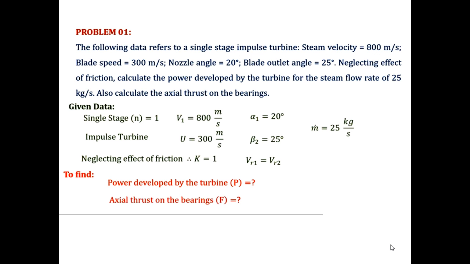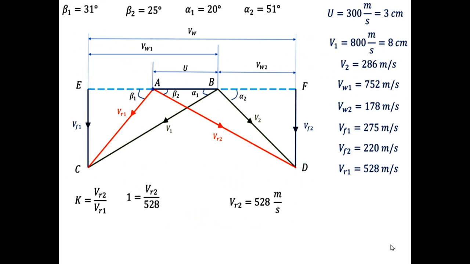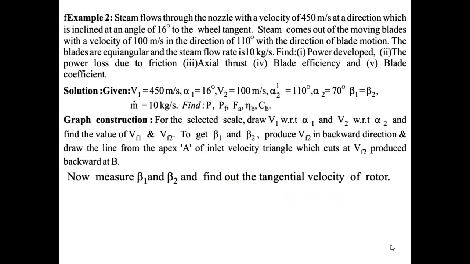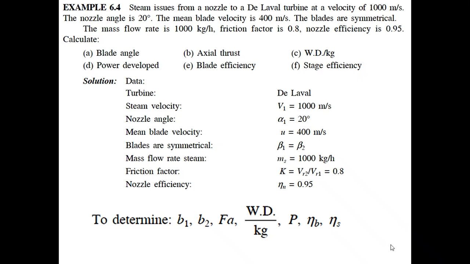Now we'll see the first question. The following data refers to a single stage impulse turbine. I have already told you all the problems considered here are single stage. Steam flows through a nozzle, one nozzle, and steam comes out onto the moving blades, which means one stage. Next problem: steam issues from a nozzle, one stage, and the turbine is a De Laval turbine with symmetric blades.